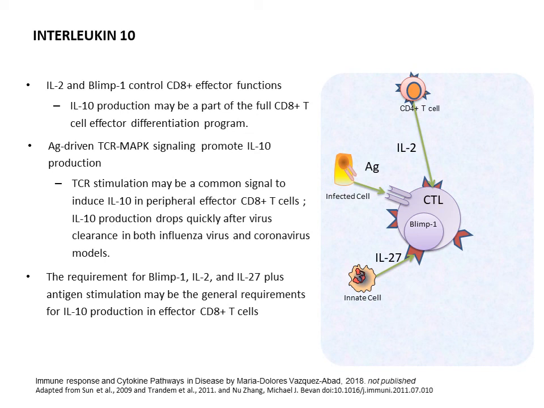Interleukin-27 is critical for the control of this mechanism, and it can be secreted by innate cells, and all of these pathways are requirements for the cytotoxic lymphocyte to start producing interleukin-10 and dampen inflammation and tissue damage.